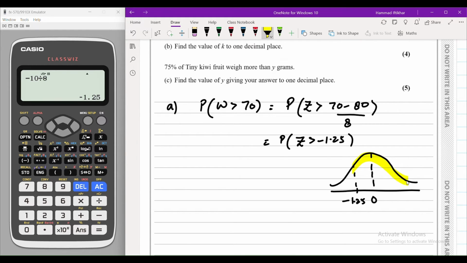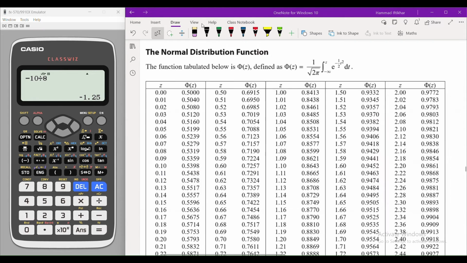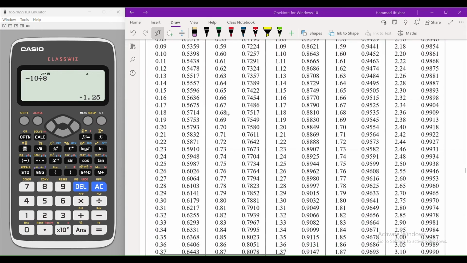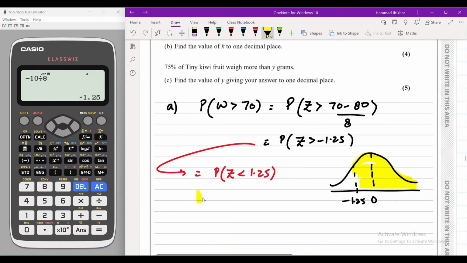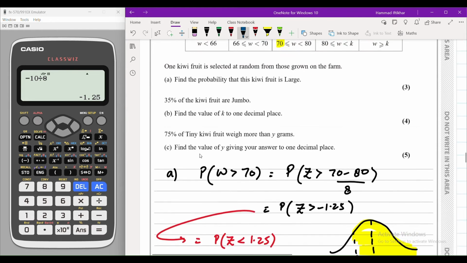We are looking for the area greater than this, so this area is equivalent to the probability of Z less than positive 1.25. So we look into the table for 1.25, that is over here, 0.8944. That is our probability.